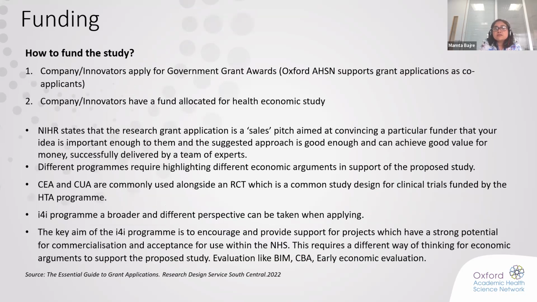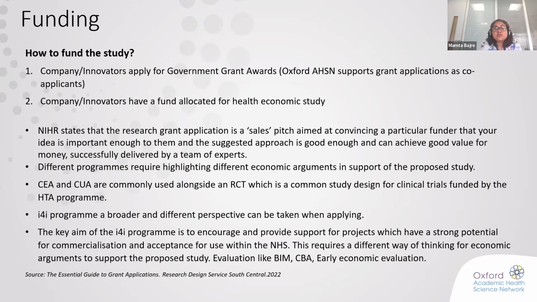Funding is the most important thing when you want to consider doing a health economic analysis. This funding, what I'm talking about, is exclusively about Oxford Academic Health Science Network. So how do we actually fund our health economics work here? The company or the innovators can apply for government grant awards, and Oxford AHSN supports them with grant application writing as co-applicants.